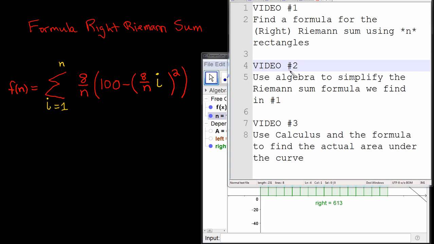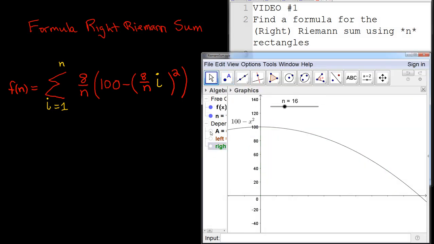Welcome back. This is the second in a series of 3 videos in which we're going to see how to find the area under a curve using calculus and Riemann sums. The particular curve that we're working with is the function 100 minus x squared.